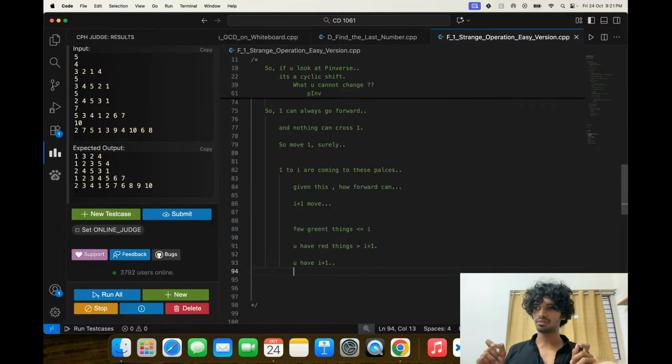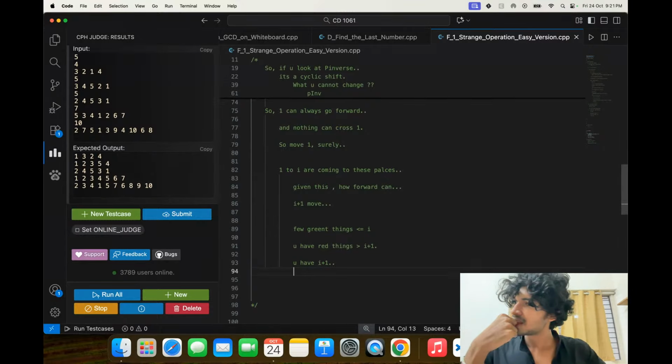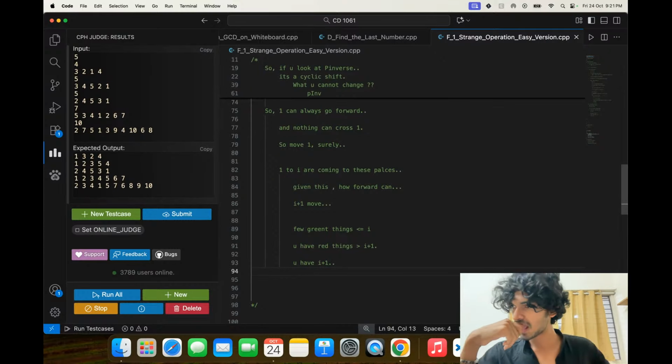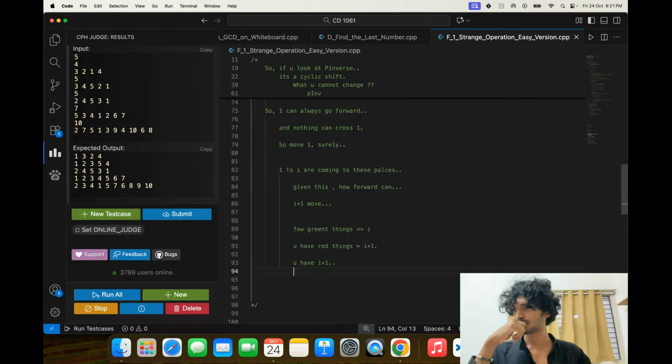So, all of those things try to go as forward as possible, okay?